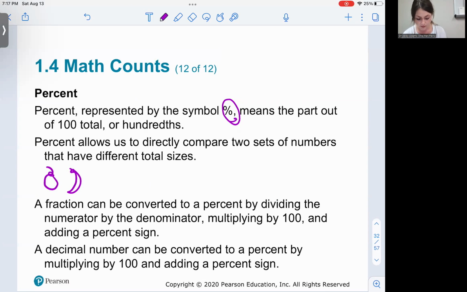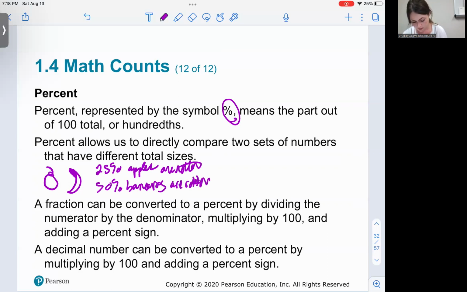Let's say that the grocery store calls you, the farmer, and tells you that 25% of their apples that you gave them are rotten, and 50% of the bananas are rotten, right?